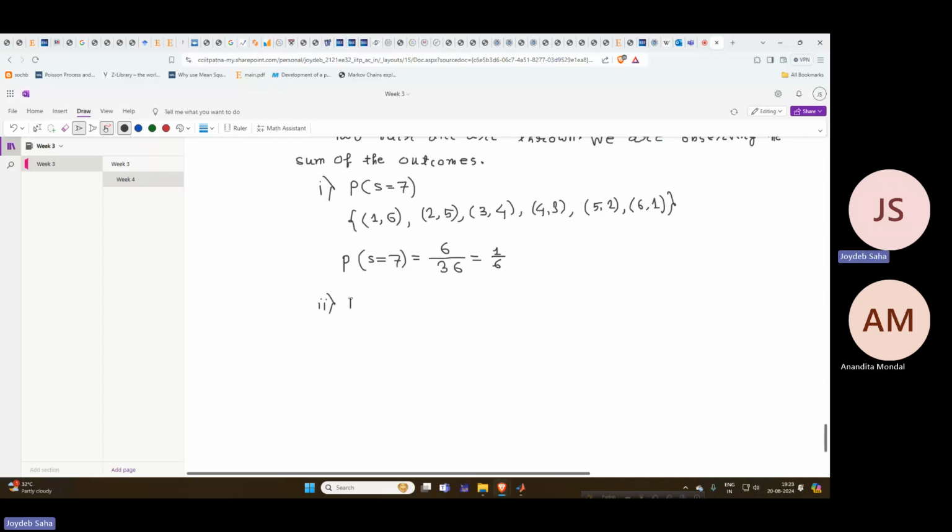Okay. Now the second part of this question. What is the probability that the sum is greater than 10? Can you solve this?